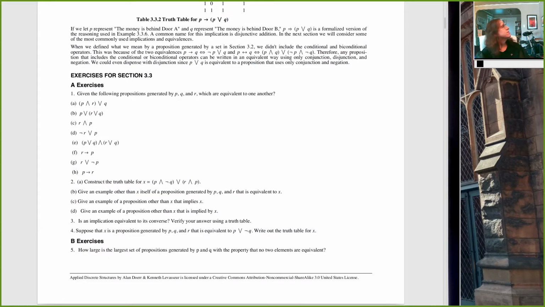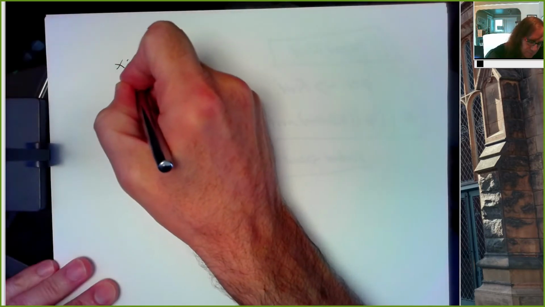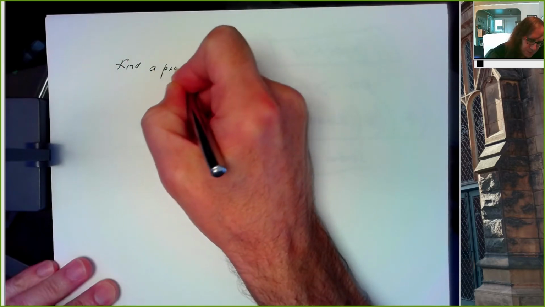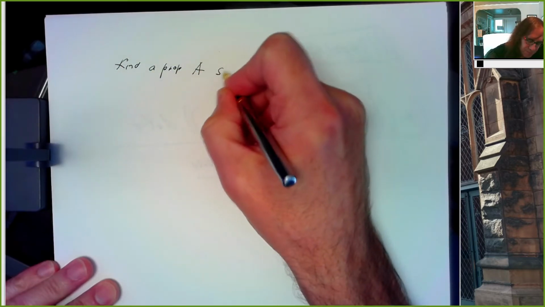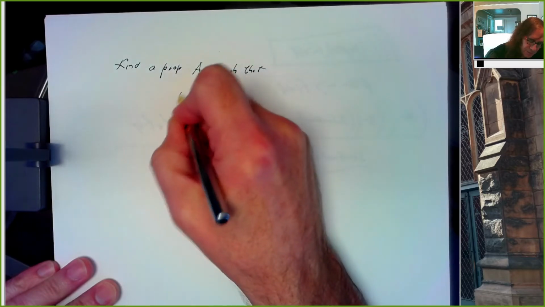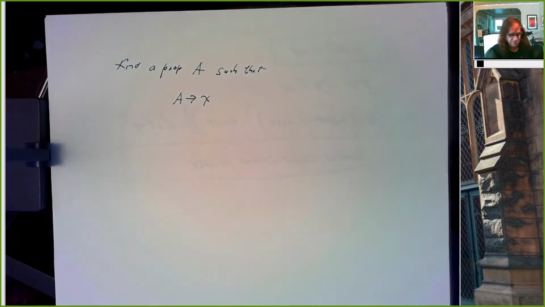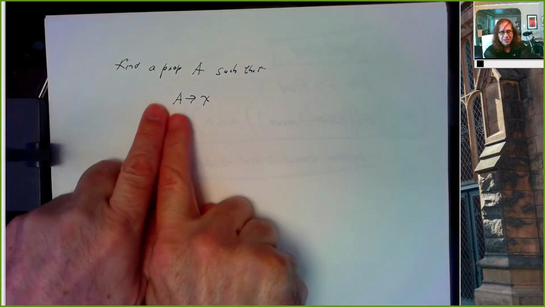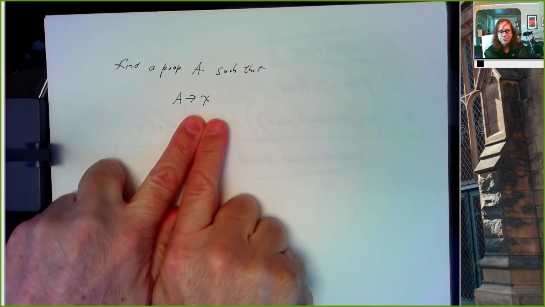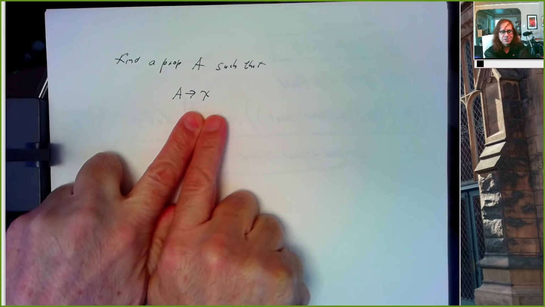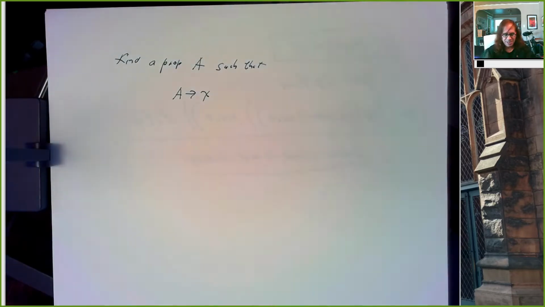So the business here is, find a proposition A such that A implies X, right? So certainly X implies X, that's always the case, but find some other proposition such that if this is true, you're guaranteed that X is true. So that's what part B is asking you to do. Find a proposition that implies X.